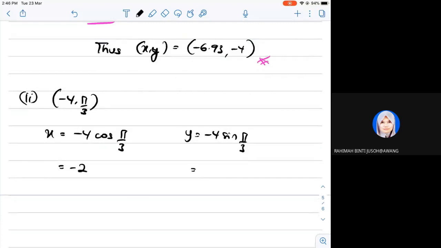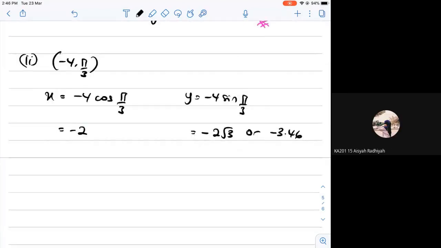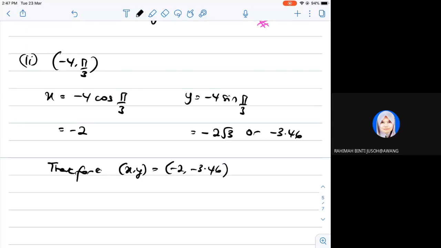This is negative 2, right? Correct. And the y? Negative 2 square root 3, or what? Negative 3.46. Alright. So therefore xy equals negative 2 and negative 3.46. Like that. Simple.